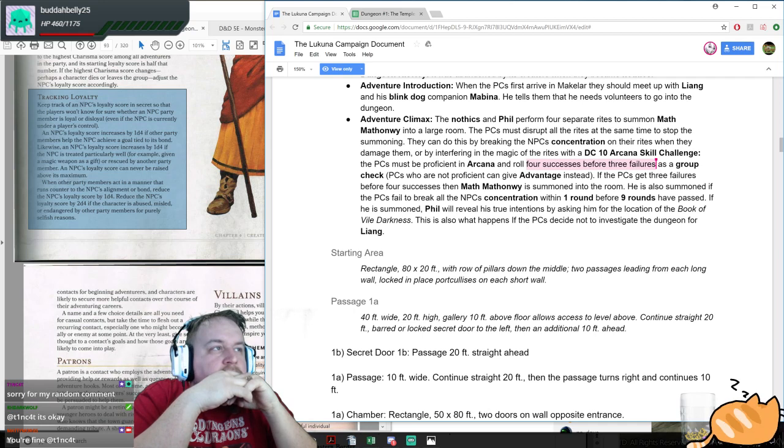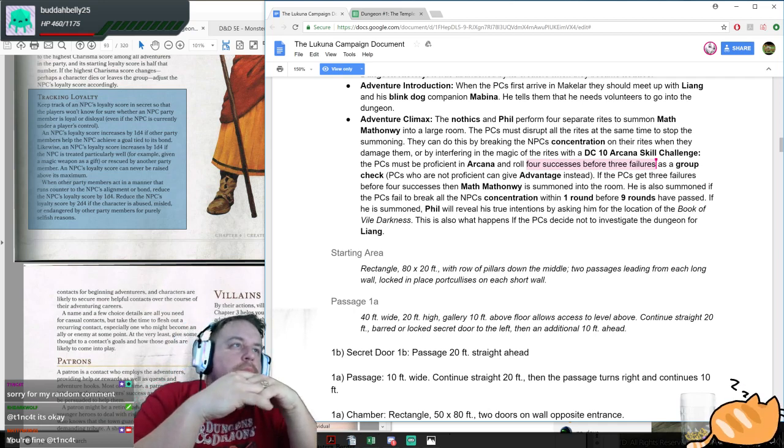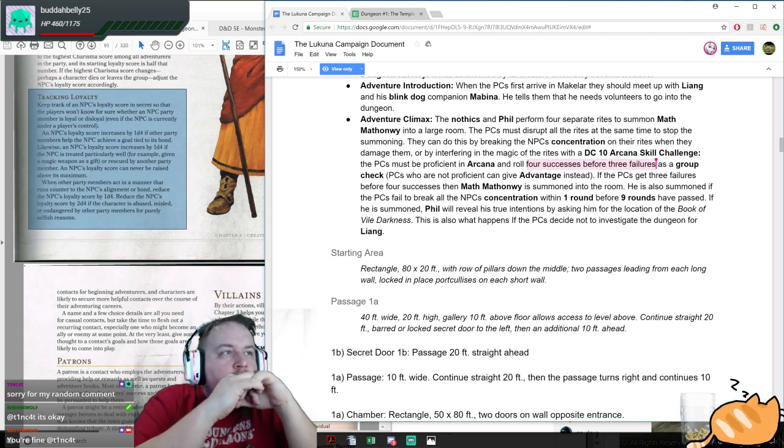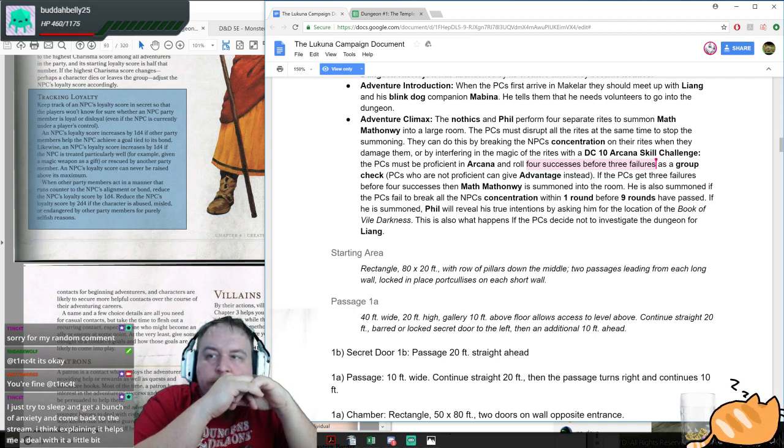And they need more successes than failures because it's a mechanical thing from 4E. And the DC is 10 because it shouldn't be super terrible to interrupt, because it's a pretty involved thing to summon a god, right?